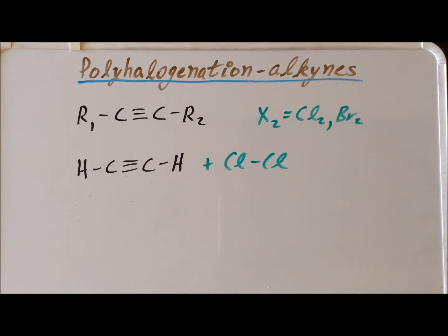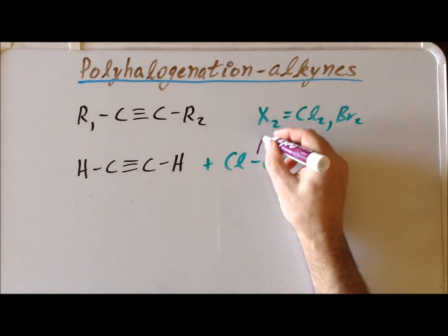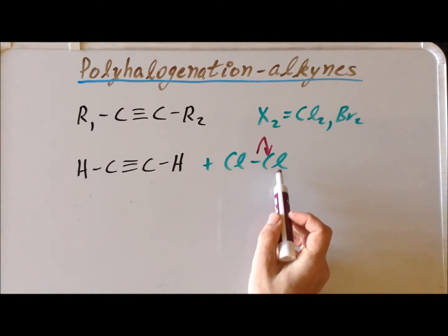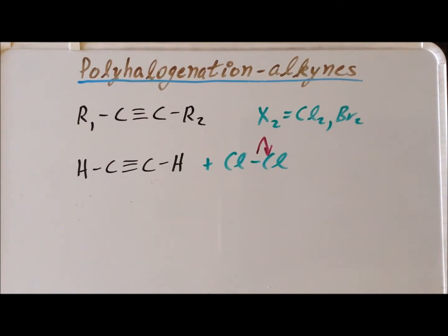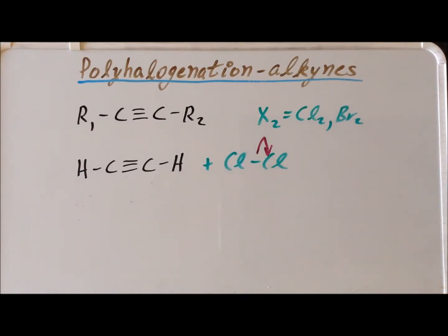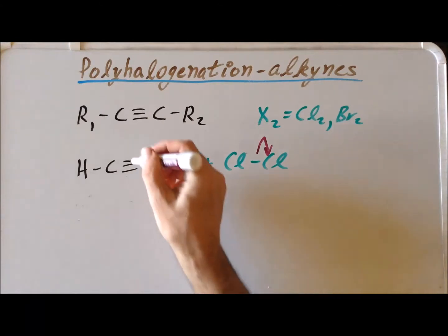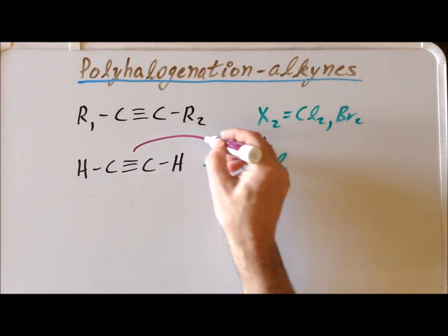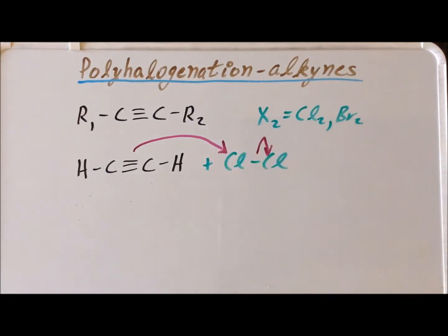We recall that we have heterolytic cleavage of the chlorine-chlorine bond, so that the rightmost chlorine ends up with the electron, so it is negatively charged, and the leftmost chlorine is positively charged. Therefore, it is an electrophile. The carbon-carbon triple bond is electron-rich, so electrons flow from there to the positively charged chlorine.